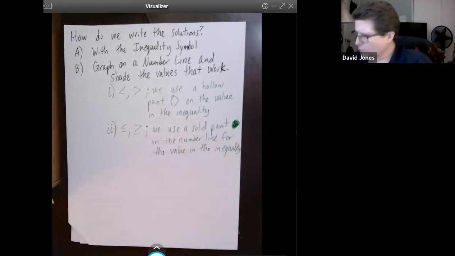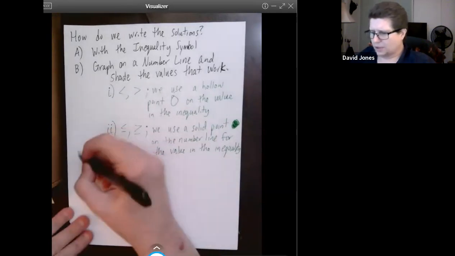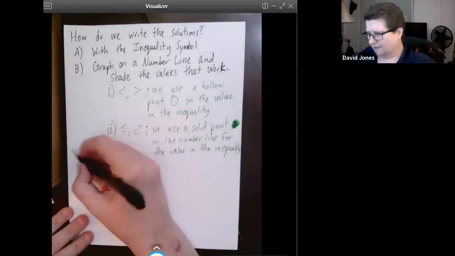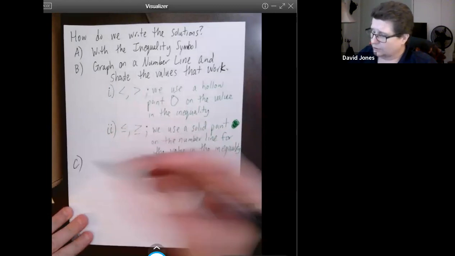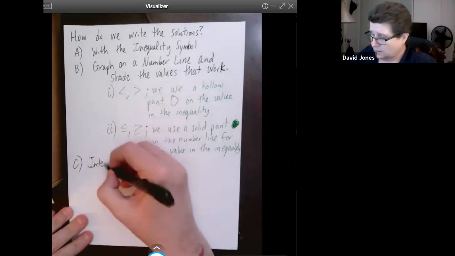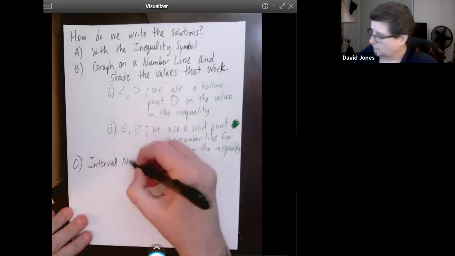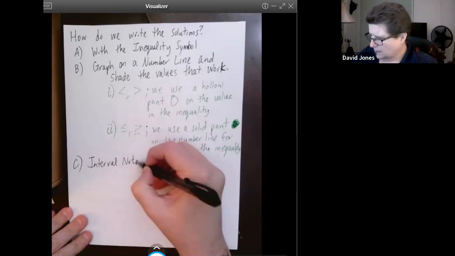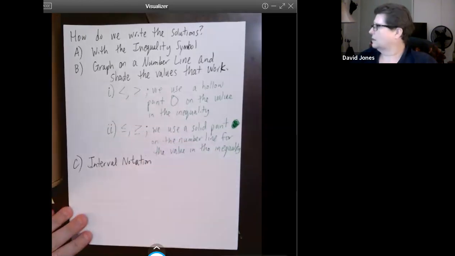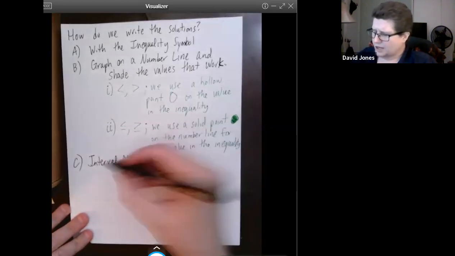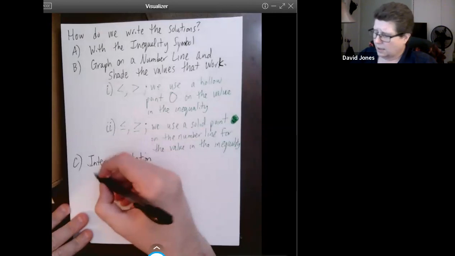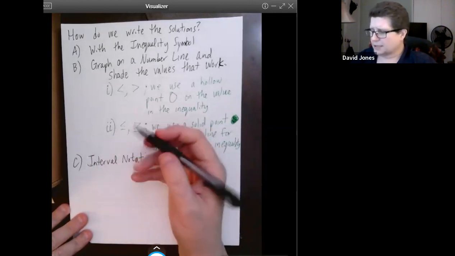And the third option we use is called interval notation. I'm going to show all of these in a second for every category that we have. Interval notation. In interval notation, we use two sets of grouping symbols.